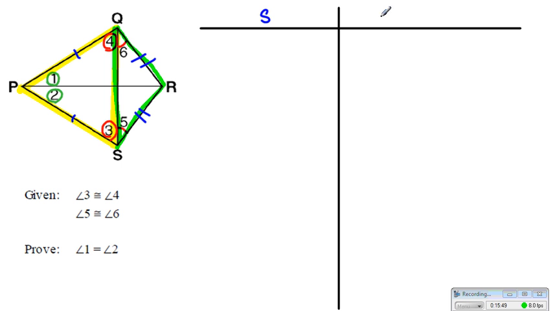So here it goes. We have statement and reasoning. First, I'm going to assume that these are all written as given.